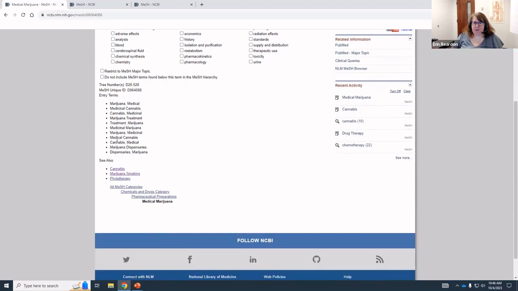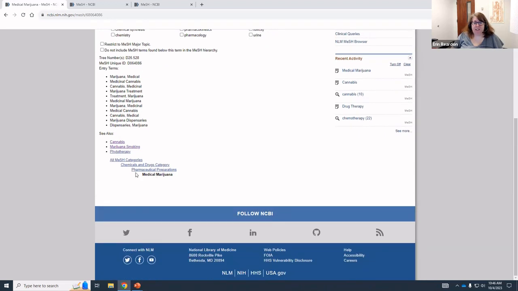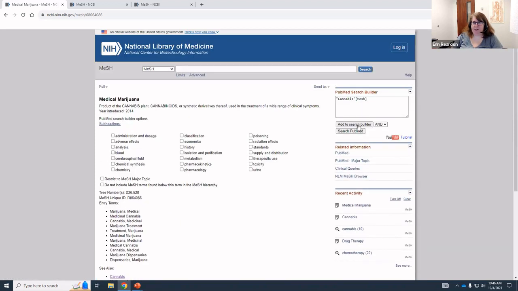We look at the entry terms, medical cannabis, marijuana dispensaries. And we see how it's organized under a pharmaceutical preparation, not just a plant. So this might be useful for us as well. So I would click on add to search builder, and then I would just copy medical marijuana and put it on our list of keywords.